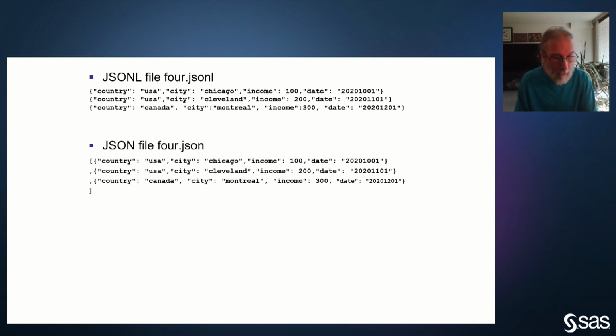And this will be in the paper. And again, here at the top is our JSON L file, and at the bottom is our JSON file. And you can see we've added the open and closed brackets, we've added the commas between records, and we've turned our JSON L file into a JSON file. So while we can't read JSON L directly, we can convert it to JSON.